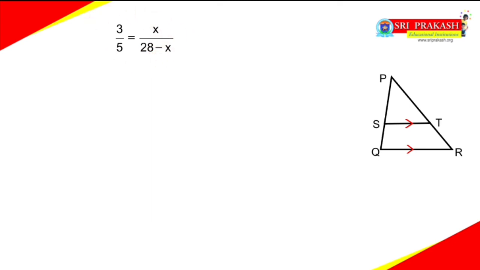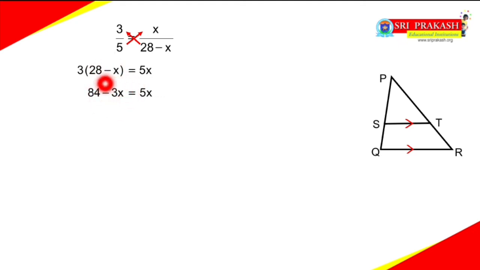Now let us simplify by doing cross multiplication. Then we get 3 into 28 minus x is equal to 5 into x. Children, now let us multiply 3 with 28 minus x. Then we get 3 28s are 84 minus 3 into x, which is equal to 5x.